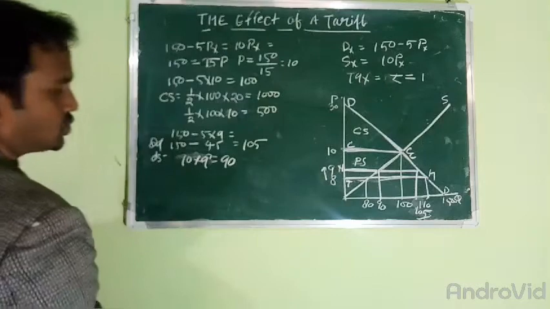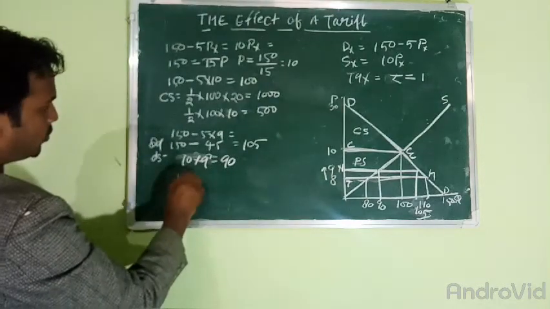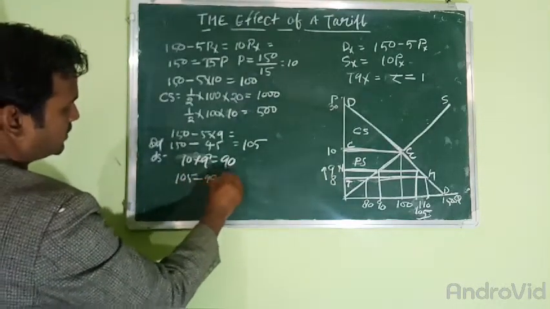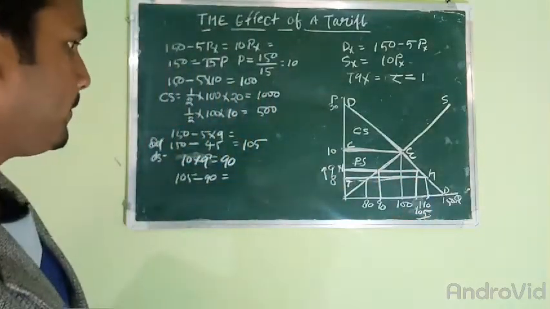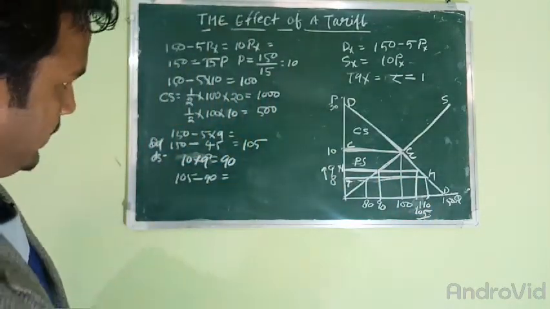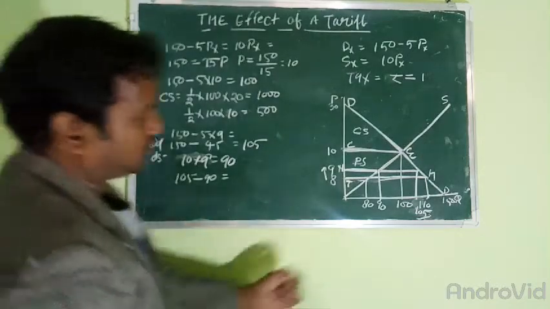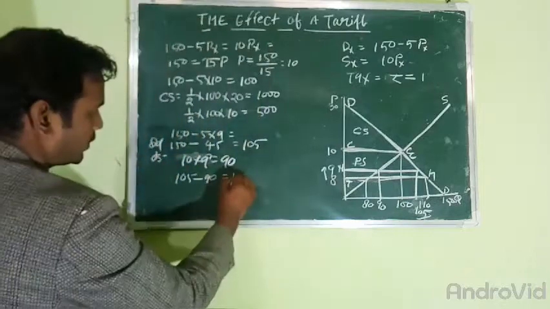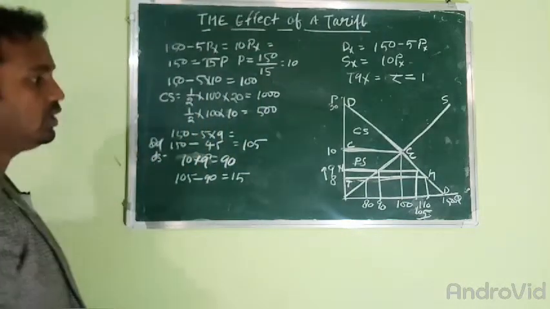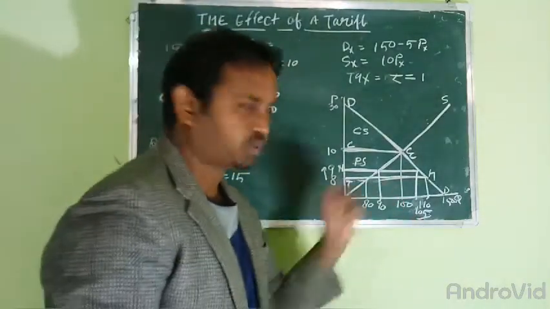Okay, so how many quantity imported? 105 minus 90, it is your import area. How many quantity? 5 quantity and 10 quantity, that is 15 quantity imported. So the government imports 15 quantity at this time.